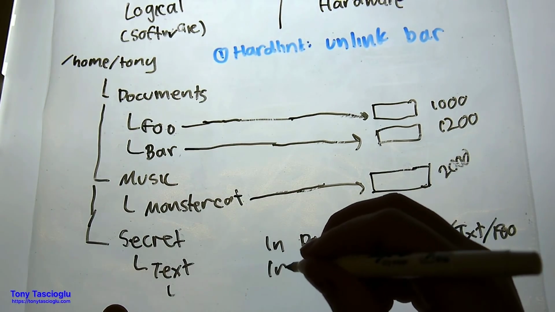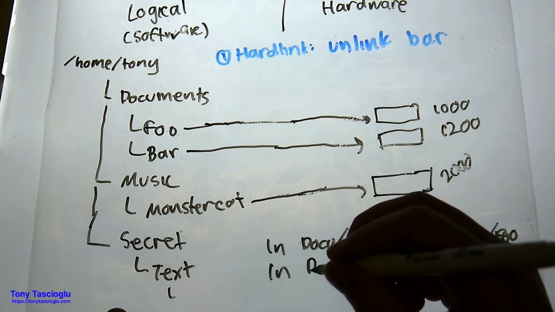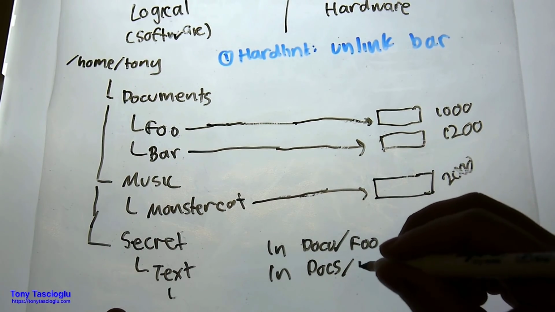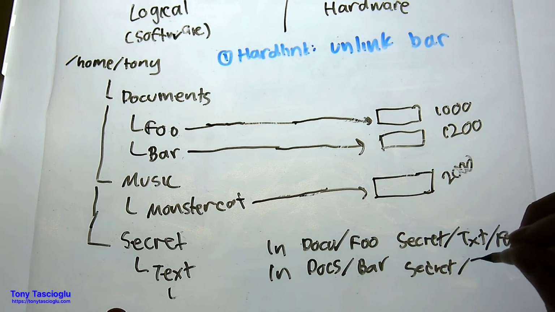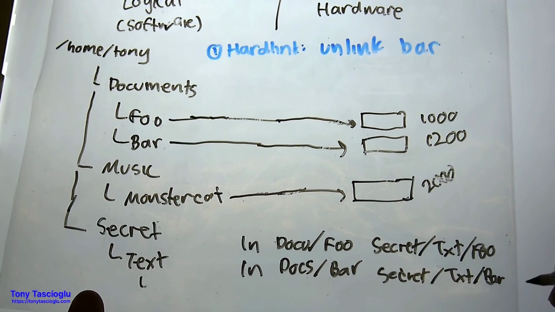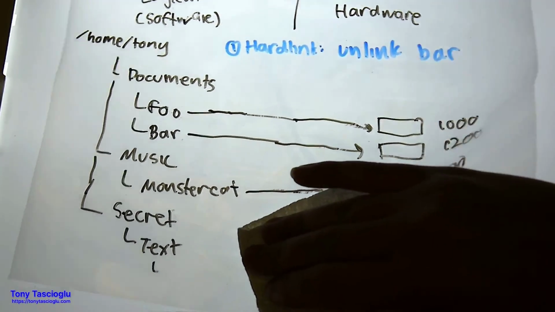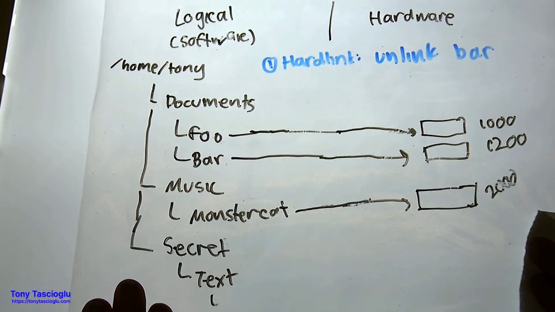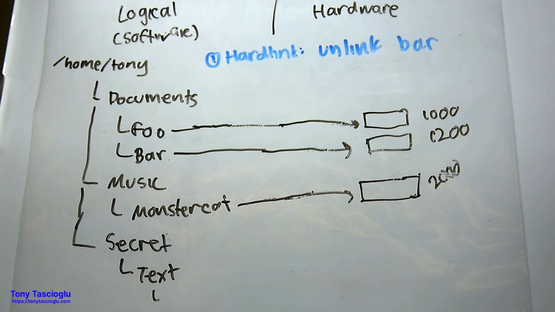And then I can do the same for bar: ln docs/bar secret/text/bar. This will work. This is valid. You can link each of multiple files that are in a folder. There's nothing wrong with that. You just cannot hard link folders or directories. I think every time I say folder, a little part of Randy dies.